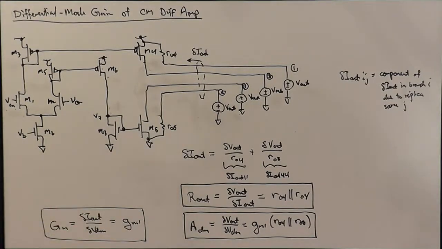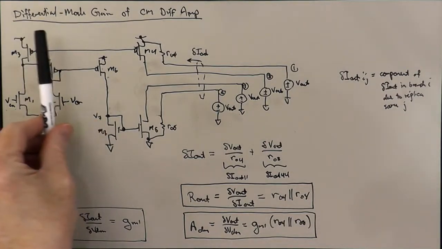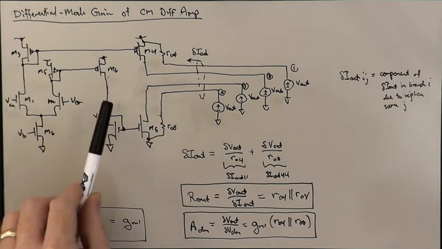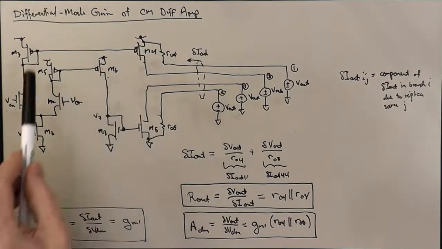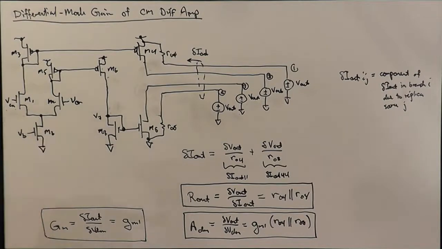And this calculation, even though the circuit has more transistors in it, is actually quite a bit easier than the 5-transistor diff amp was, because in some sense these extra pair of current mirrors sort of decouple the output node from what's going on here in the diff pair. And so we don't have to consider any current injected onto the diff pair common source node and how that kind of splits and comes back out, and there's none of this canceling of two components of delta I out.